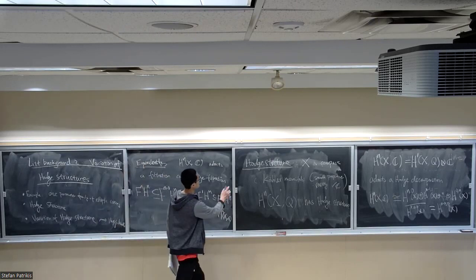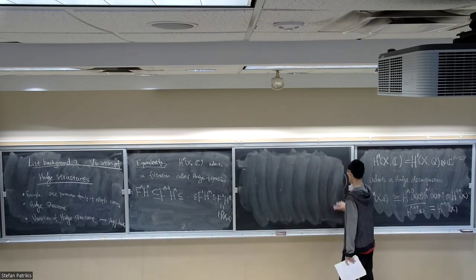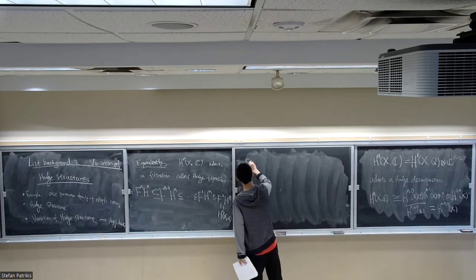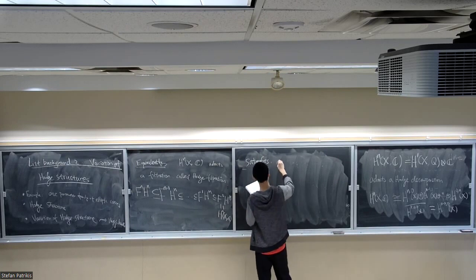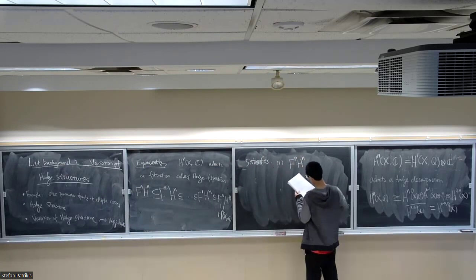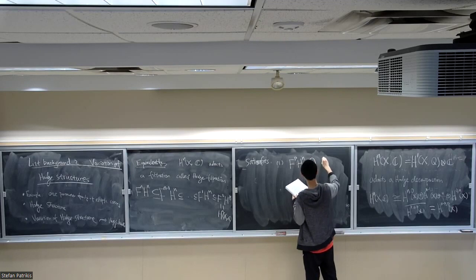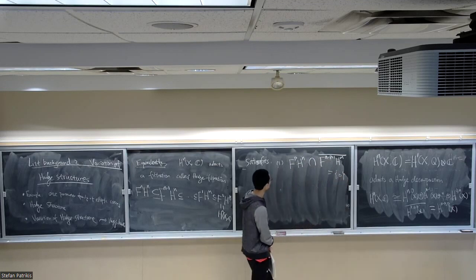These filtrations satisfy the following properties. First, if you look at F^p and intersect with the conjugate of F^{n-p+1}, this intersection only gives you zero.